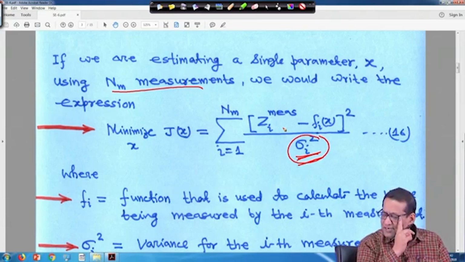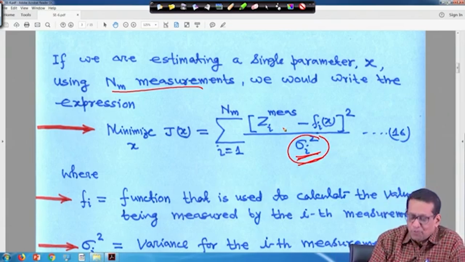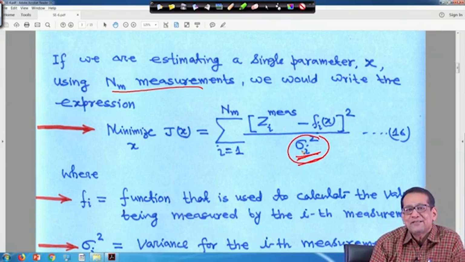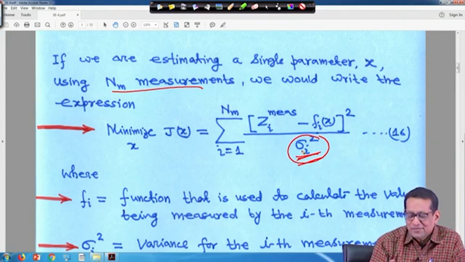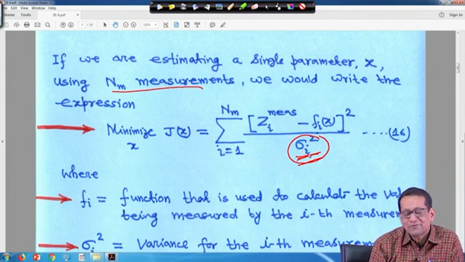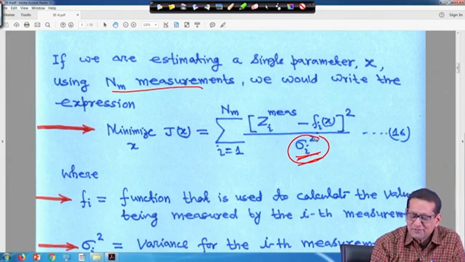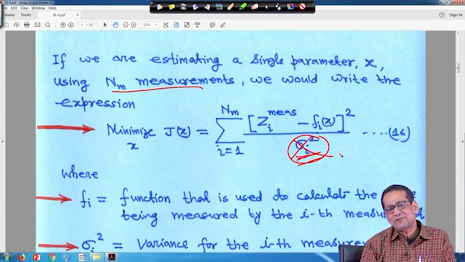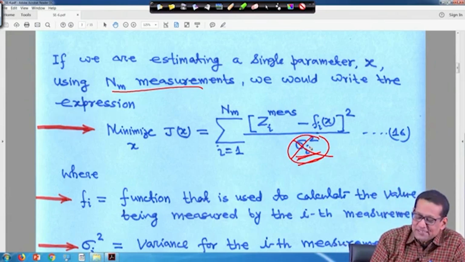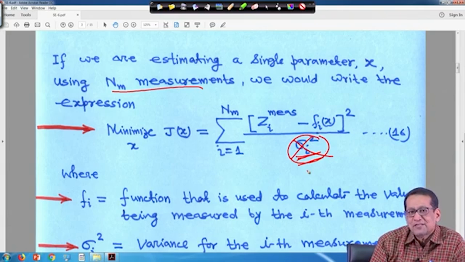But we have divided it by sigma i square. Why? The answer is very simple, but why is this function divided by sigma i square? I should have taken simply the squared error, but we have divided it by sigma i square. So, this is a question to you: what is the reason?